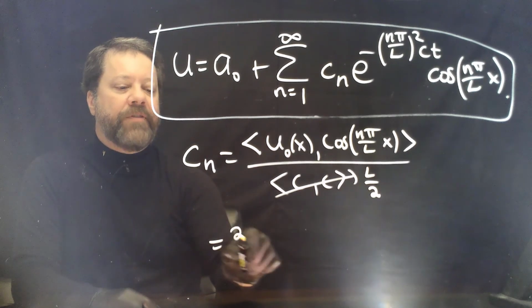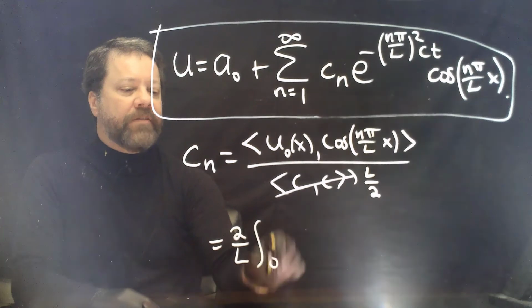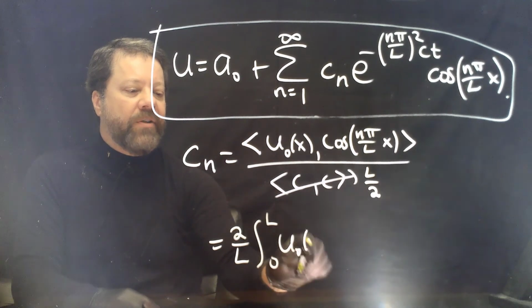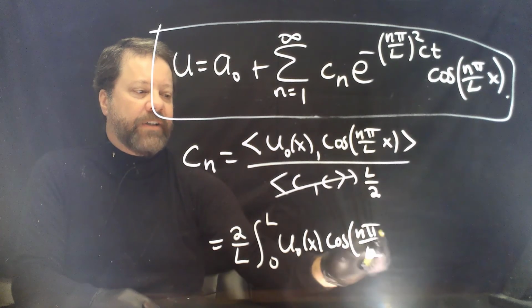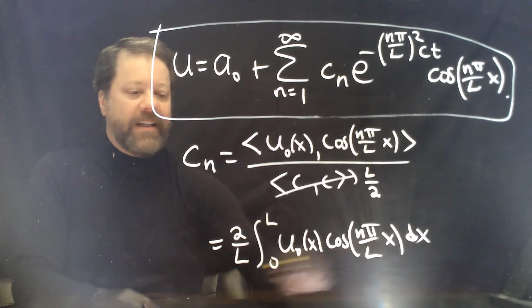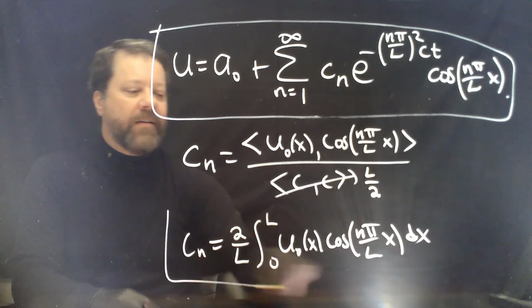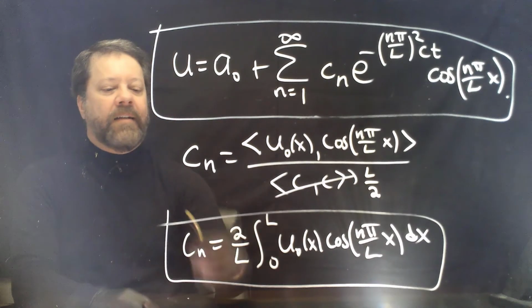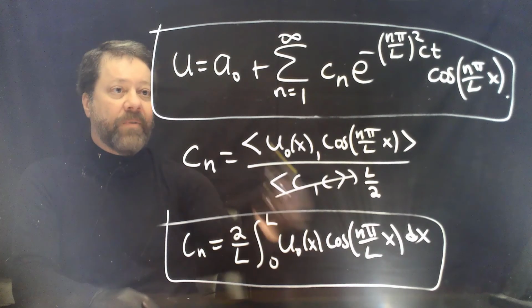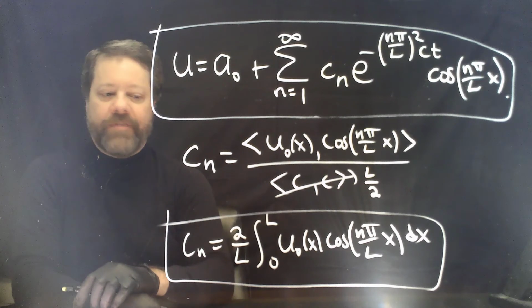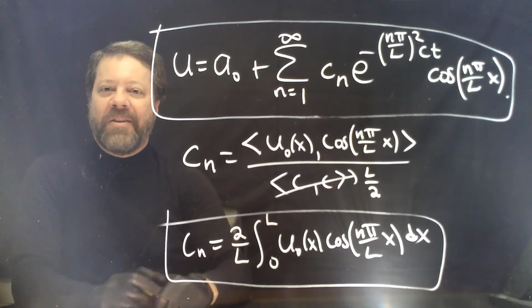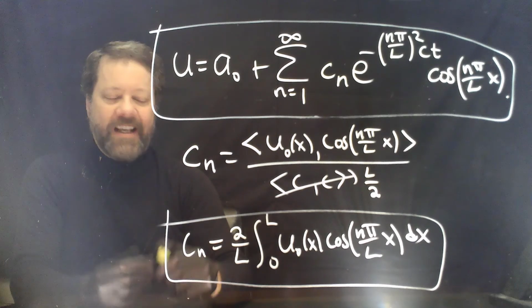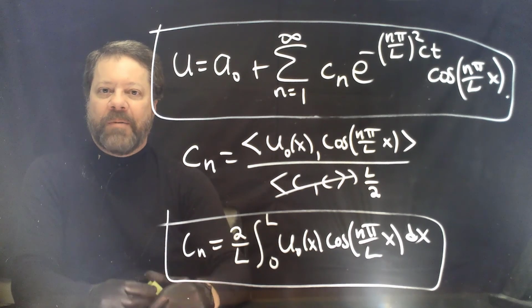So we should have 2 over L, the integral from 0 to L, u naught of x, cosine n pi over Lx dx. These constants, along with a naught, which was the average of the initial data, gives us the complete solution to this Neumann problem, the insulated end bar problem.